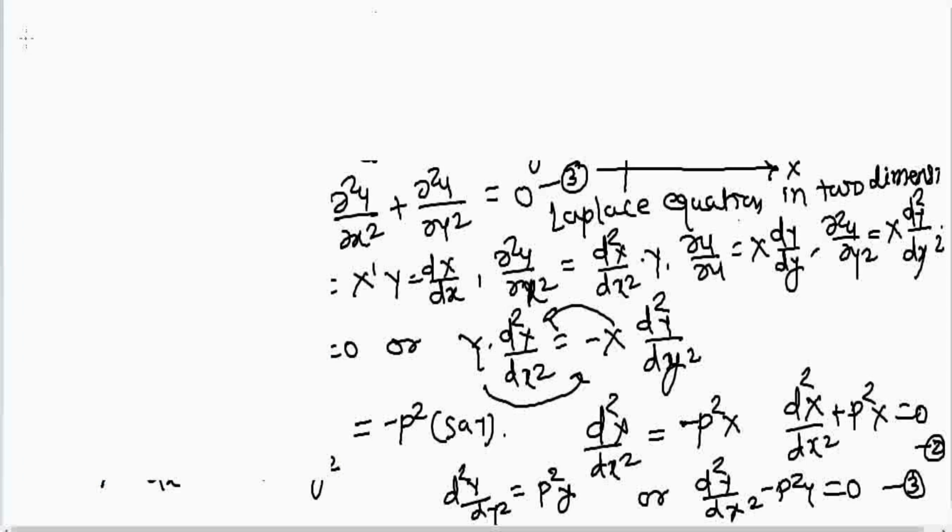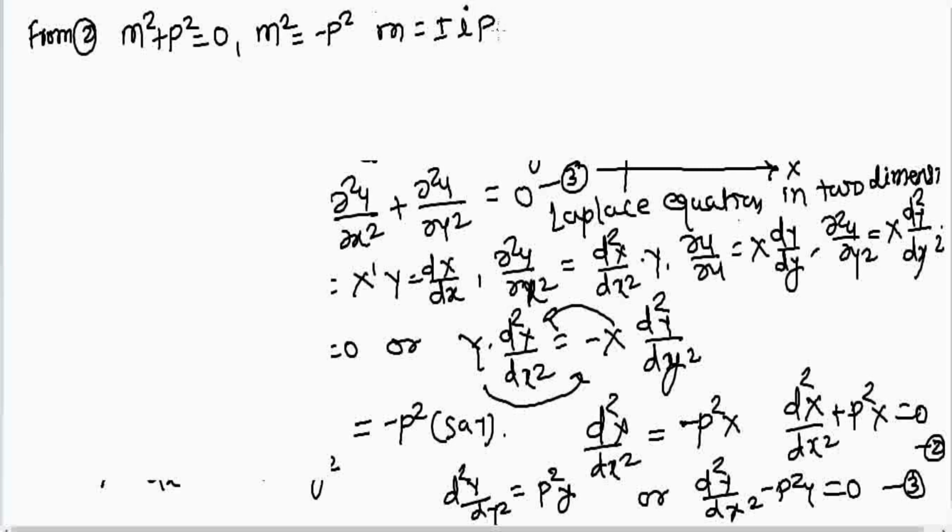From equation number 2, the auxiliary equation is m square plus p square equal to 0, m square equal to minus p square, m equal to plus or minus i p.